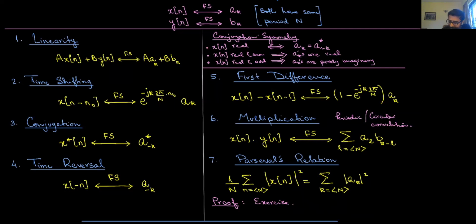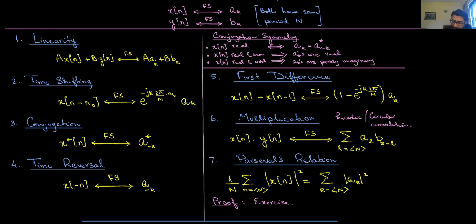Multiplication property is slightly different. I've not done a proof here. Maybe you want to do it yourself. If you multiply two periodic signals of the same period in the time domain, in the Fourier domain, the Fourier series coefficients are convolved, but that's not just any convolution.